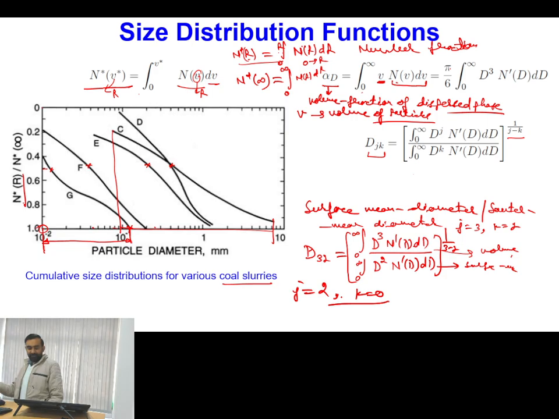So for different systems, based on the requirement, we can choose one particular type of mean for characterizing the overall mean of the sample. Okay, and this mainly depends upon the application we have in hand.